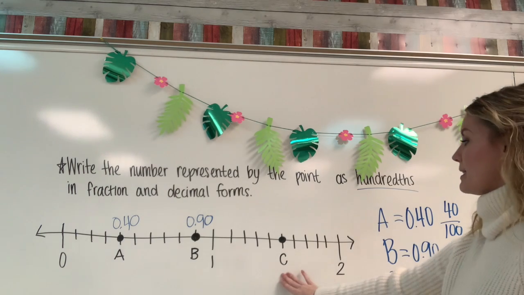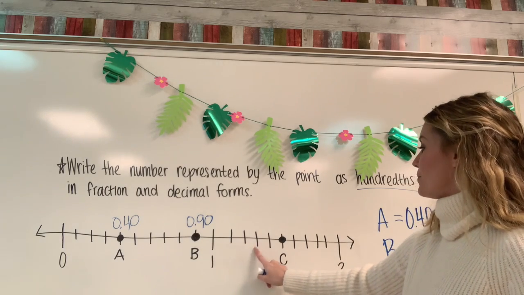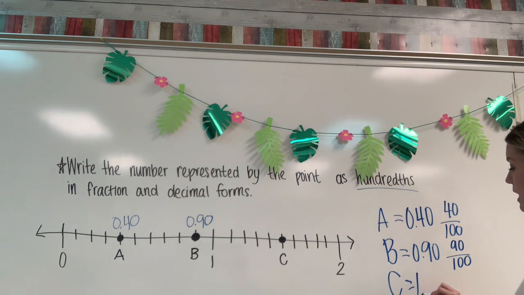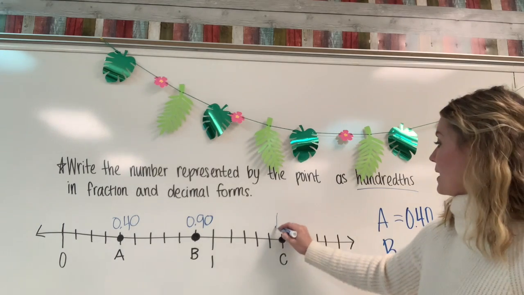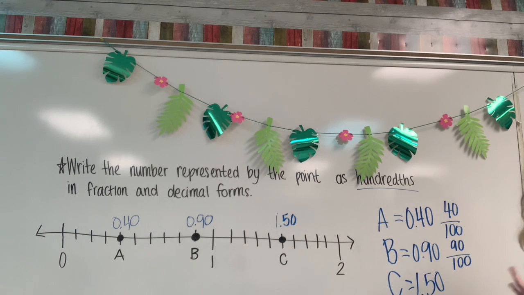And finally C is our last point, so 1, 2, 3, 4, 5. So 1 is our whole number, then our decimal, then 5. But we need to add a 0 to the end. I'll put that right here too. To make this into a fraction, our 1 is going to be a mixed number, so a whole number, and then we'll have 50 hundredths.